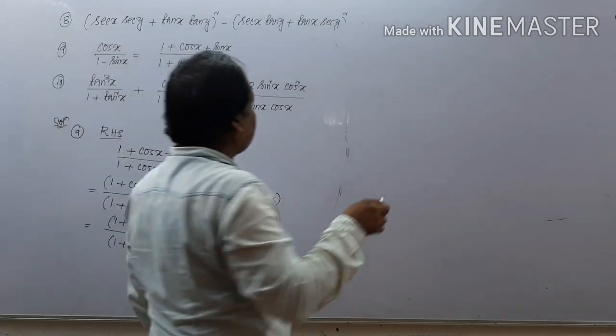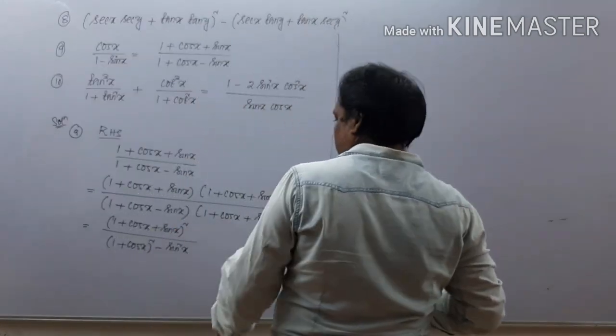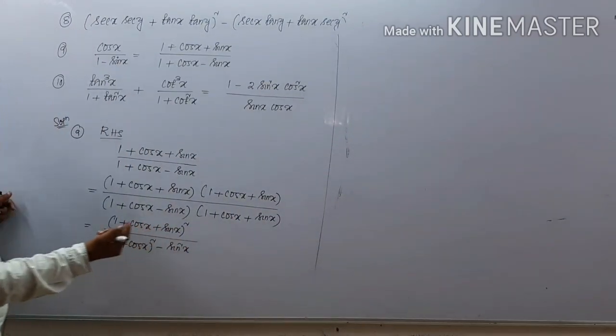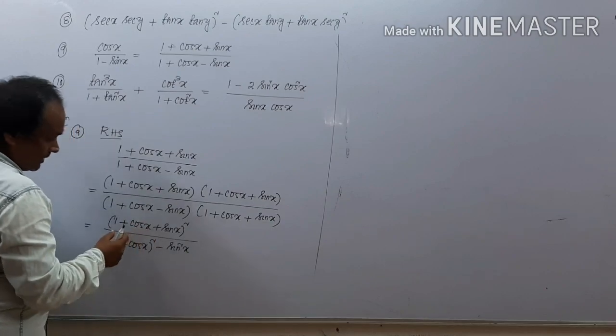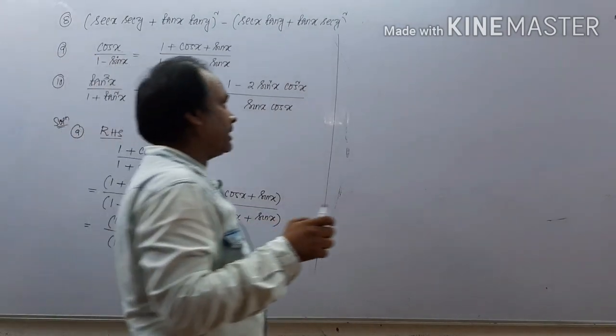So see here, I could apply a plus b plus c whole square, but here I will apply a plus b whole square. I will consider 1 plus cos x as a, right?